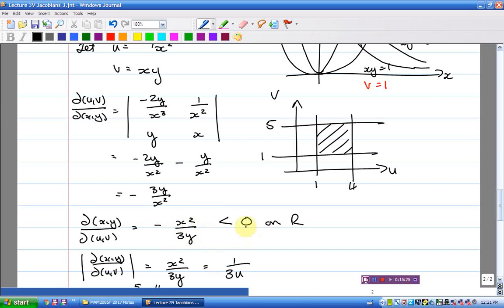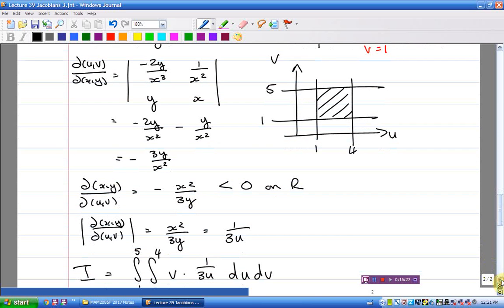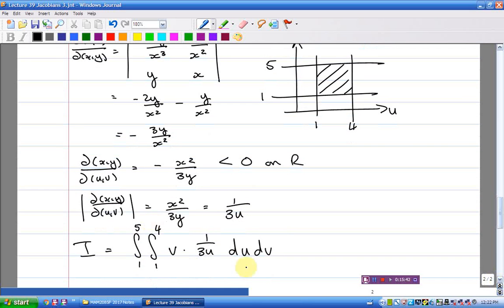Okay, here's my comment that it's negative and we want to take its absolute value. I flipped it, absolute value, and now I'm recognizing of course here is 1 over 3u because u is y over x squared. Okay, now we're ready to actually construct the integral.